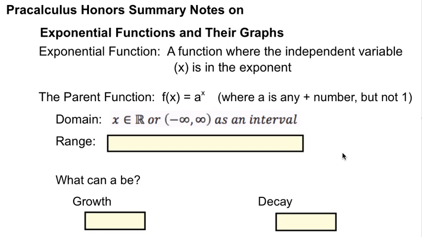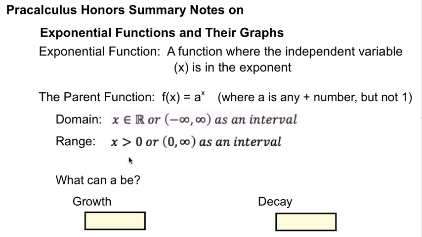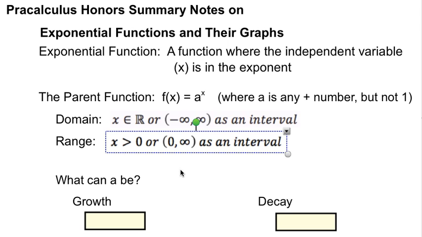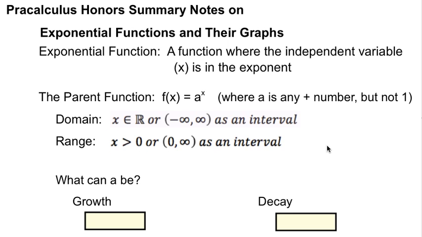So it's decreasing, but it will still remain positive. And that's why our range is that f of x has to be greater than 0, or the range goes from 0 to infinity as an interval, if we use interval notation.